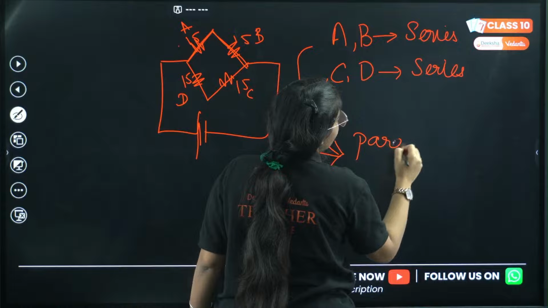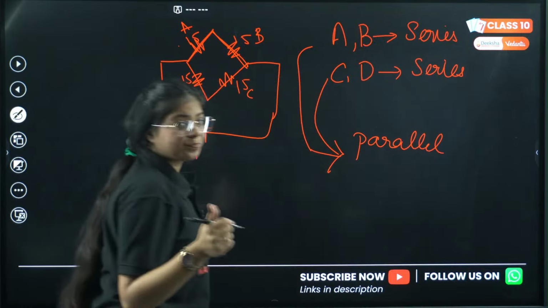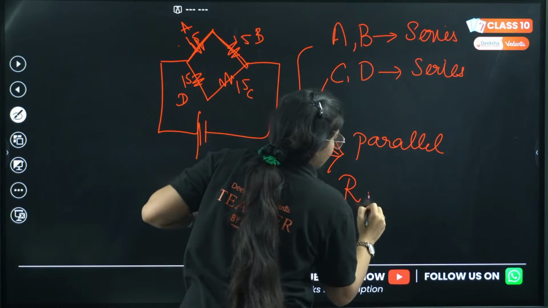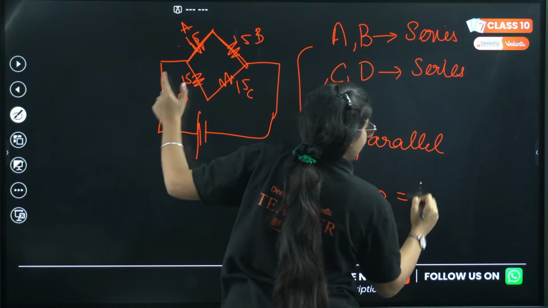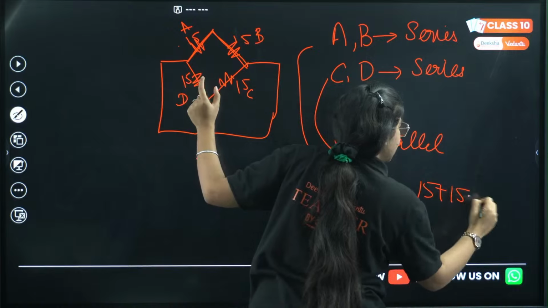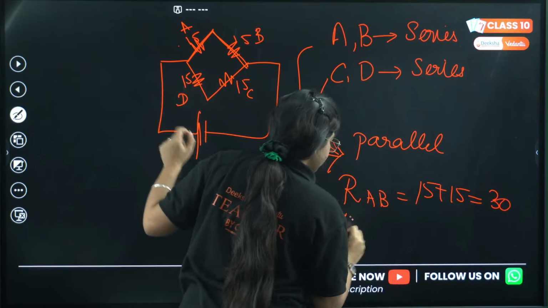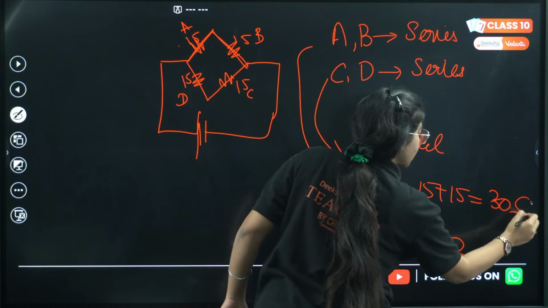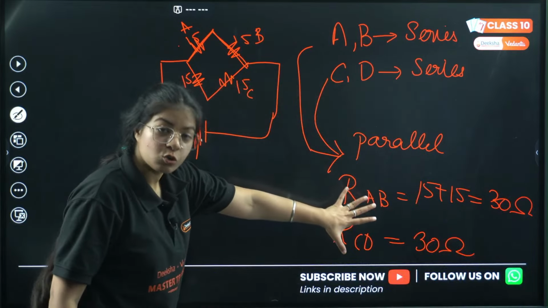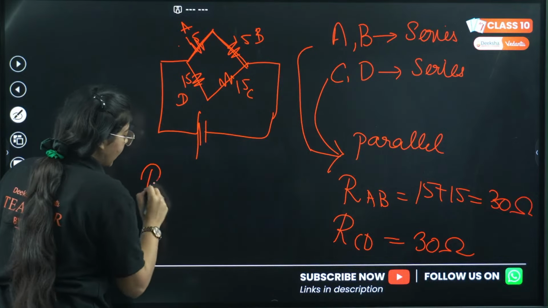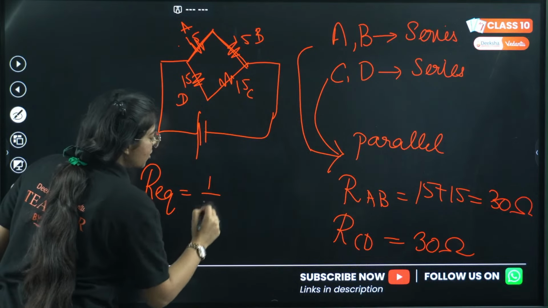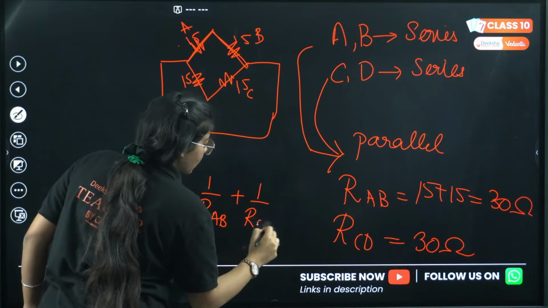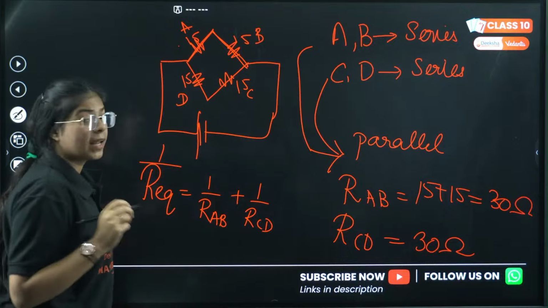They are parallel. Correct? So the equivalent resistance of AB will be 15 plus 15, that will be 30, and for CD as well it will be 30 ohm. Correct? And then these two are in parallel. So for finding equivalent resistance, I'll just add these with a parallel formula.